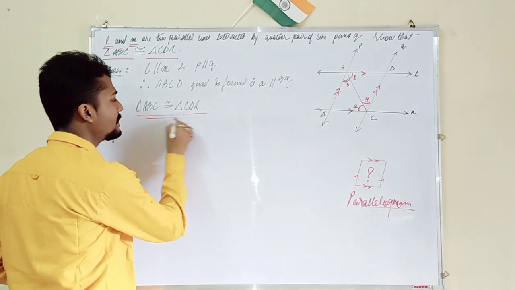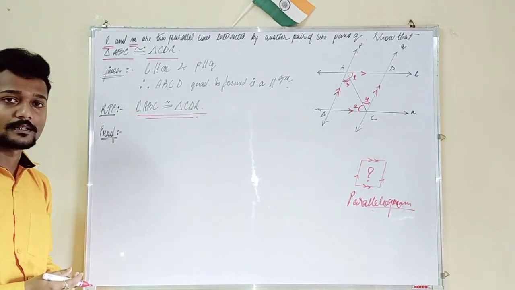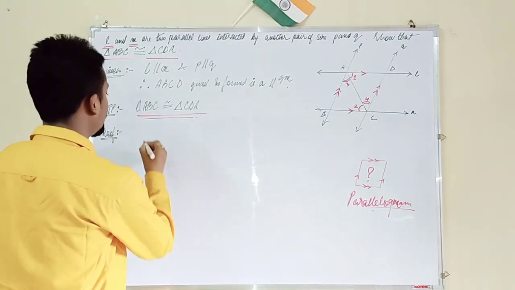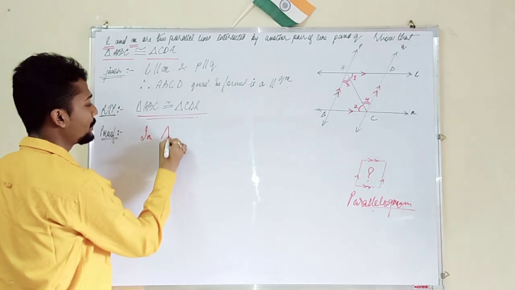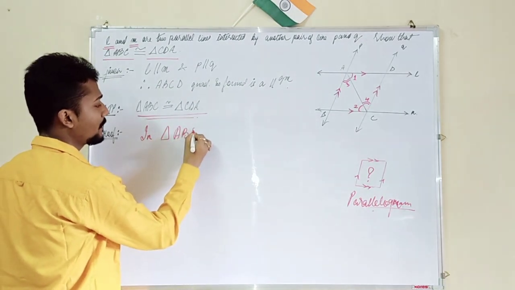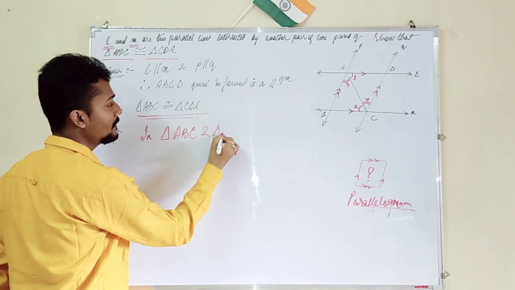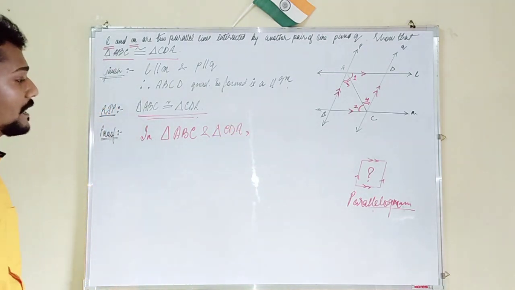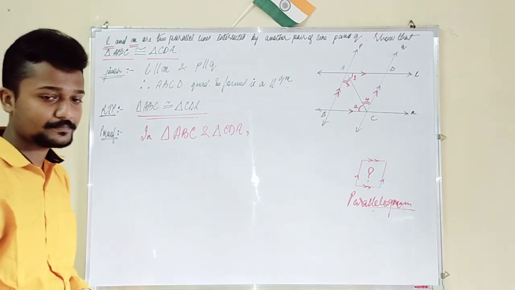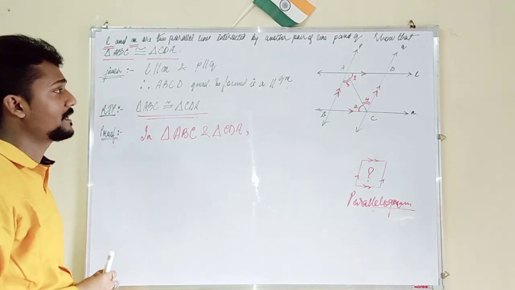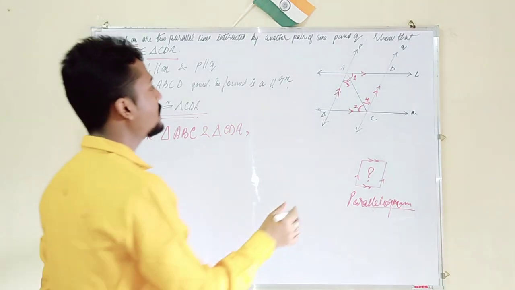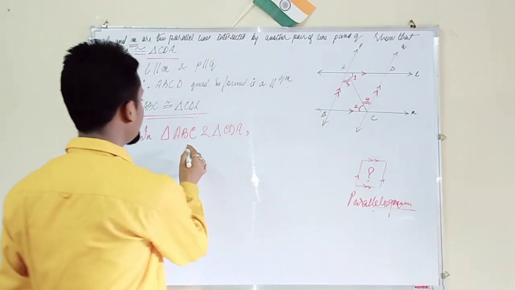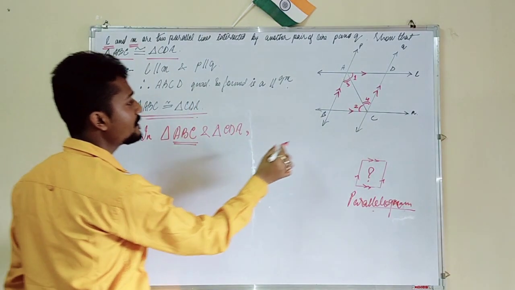So let us prove that these two triangles are congruent to one another. In triangle ABC and triangle CDA, in these two particular triangles I will try to compare them. Which triangle have I taken first?